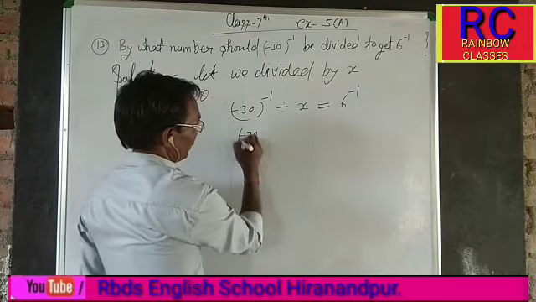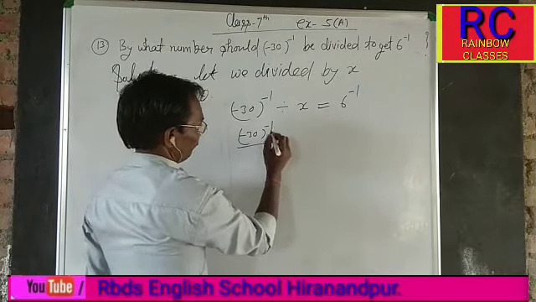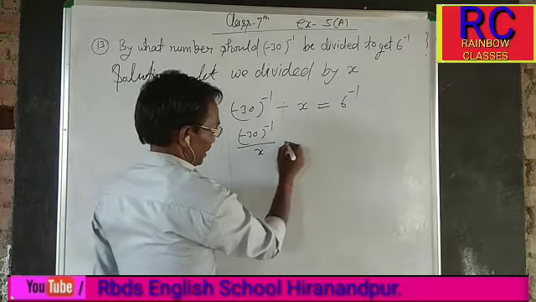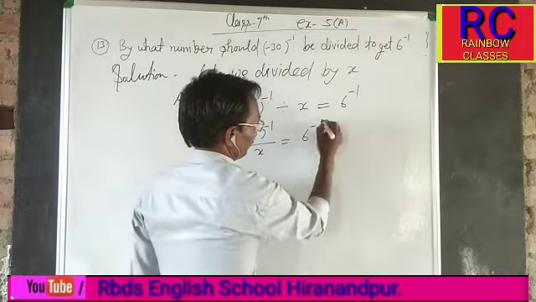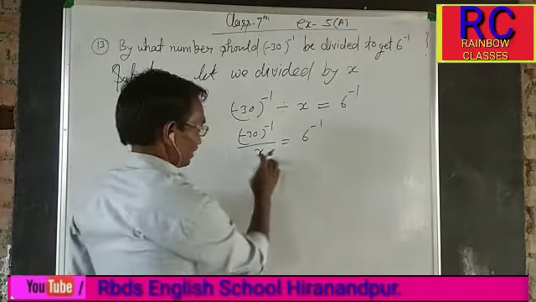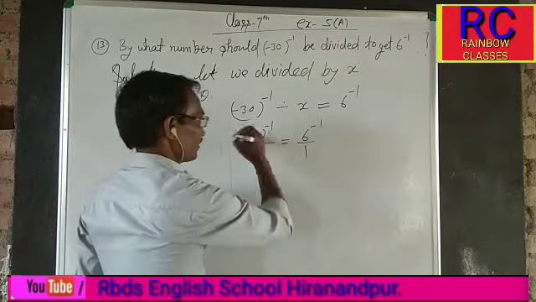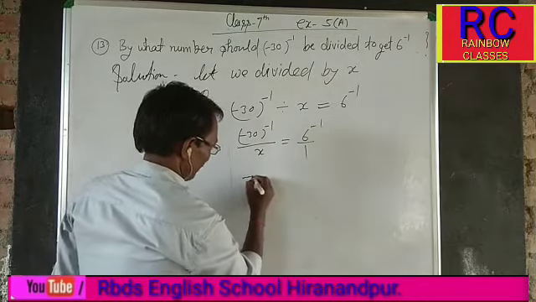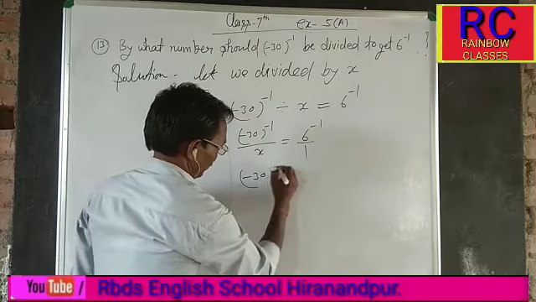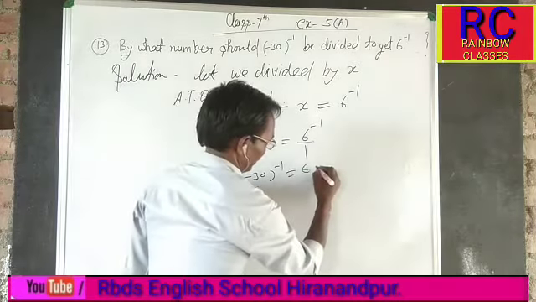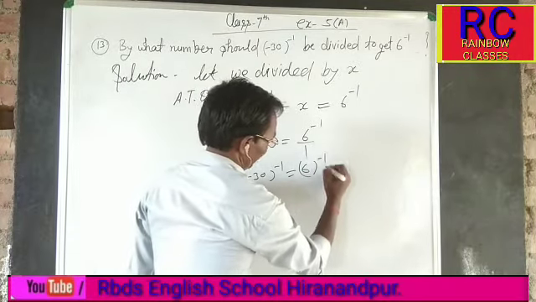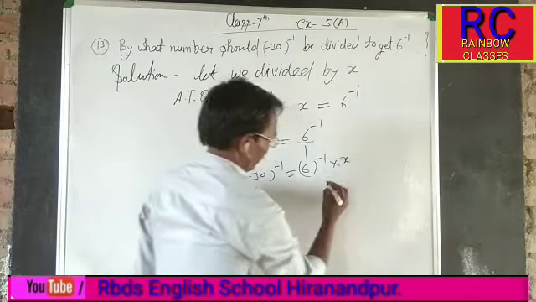Minus 30 to the power minus 1 by x is equal to 6 to the power minus 1. By cross multiplication, minus 30 to the power minus 1 is equal to 6 to the power minus 1 into x.